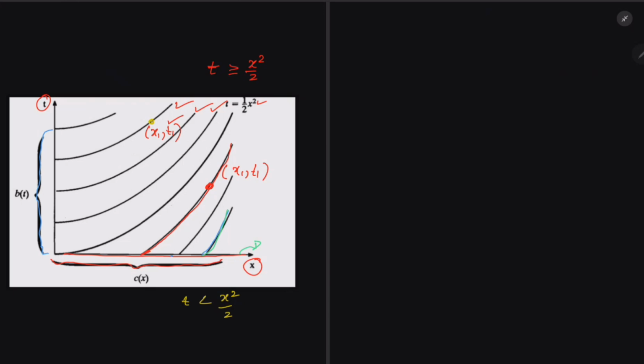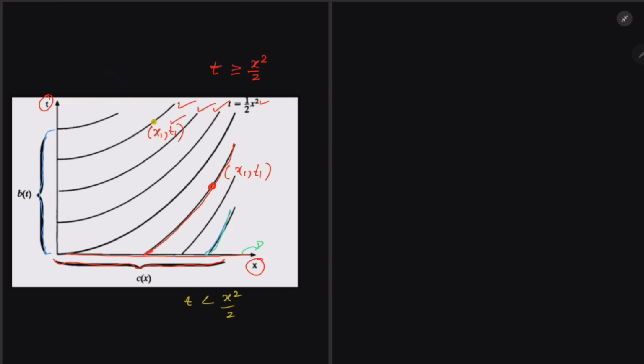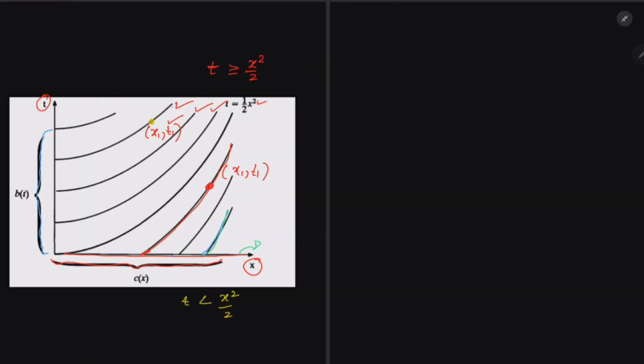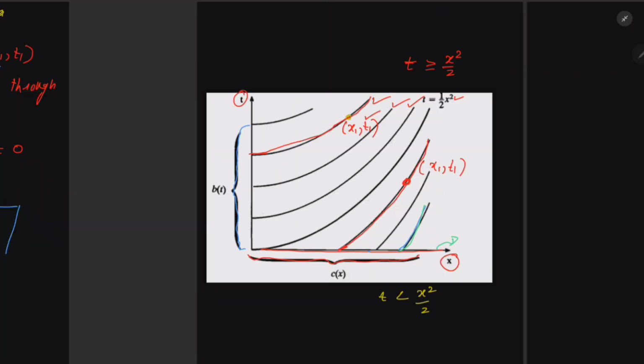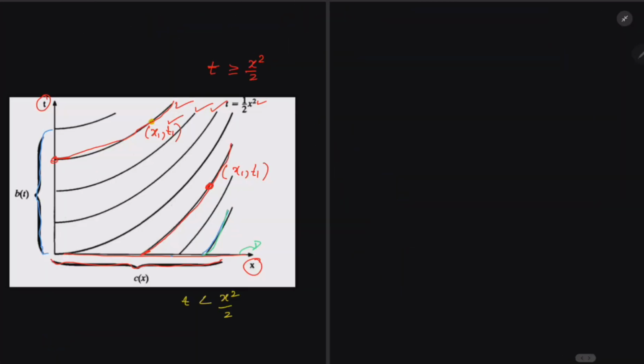In this case, this characteristic is passing through the y-axis, which is the t-axis. Then this is t naught, this is t naught, so on, similar to when on the x-axis we have x naught, and so on.